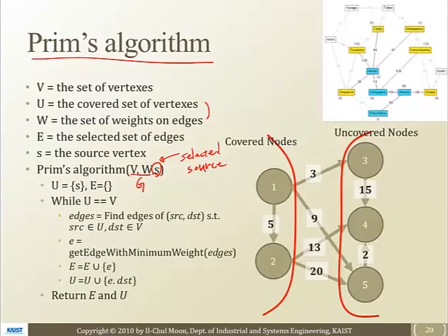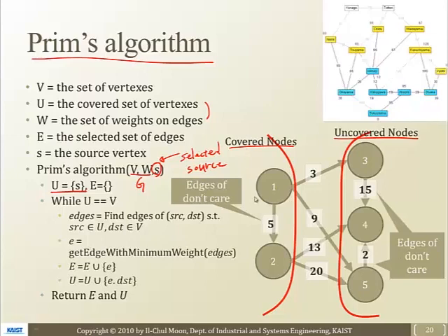What we want to do is grow the covered nodes by adding another uncovered node. When we really start, the selected source is the only covered node, and all the other nodes are not covered. One by one, we add different vertices into the covered node set.